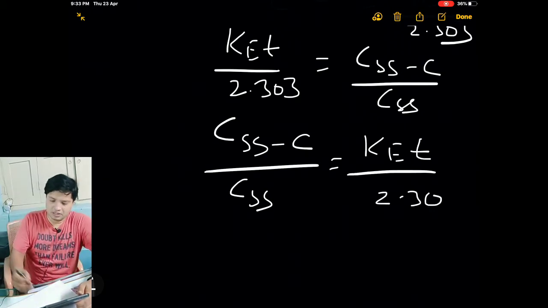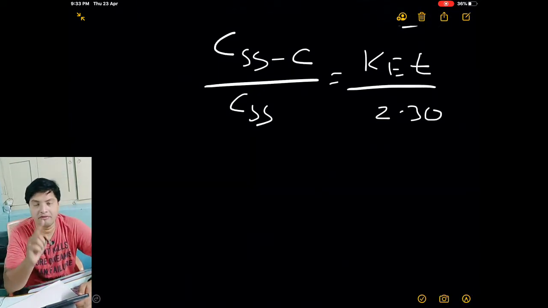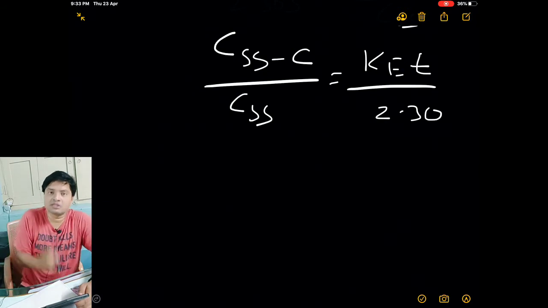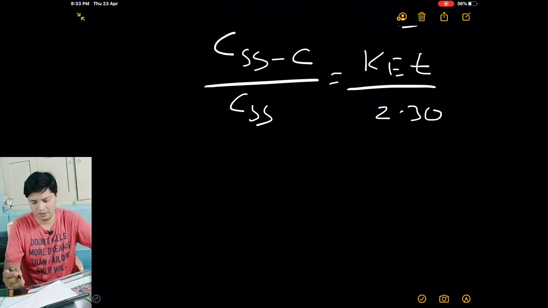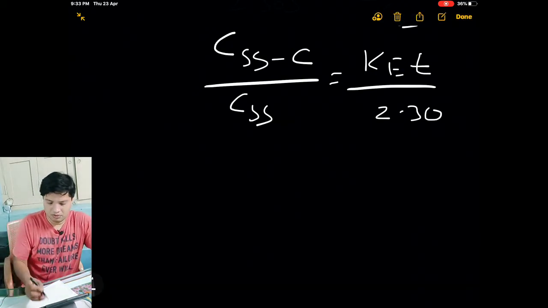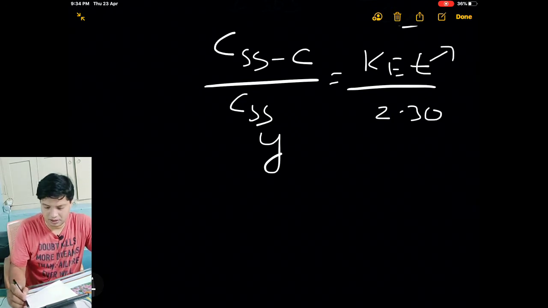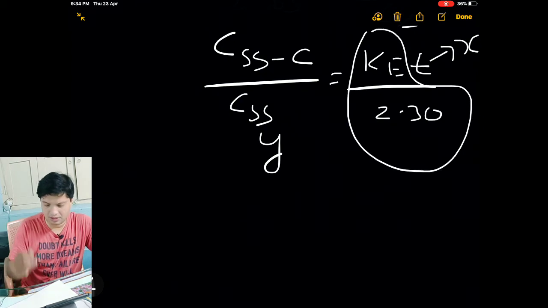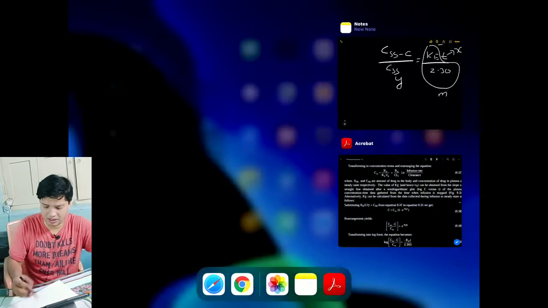Now I want to draw a graph from this. I said earlier we need to determine the Ke value from the steady state concentration. So we get the equation, and now we need to draw the graph for this equation. Assume this is the y axis, this is the x axis, and this one is the slope. Let me check that equation here.